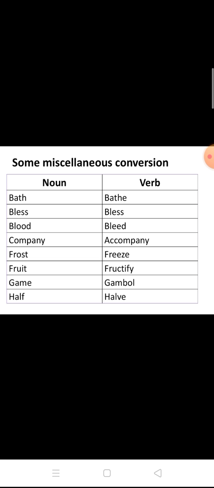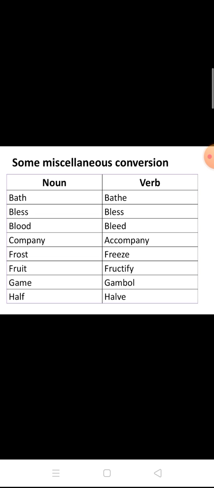One more example is of some miscellaneous conversion. That miscellaneous I have told you before also. Miscellaneous means where we cannot confirm that we have to add a suffix or a prefix. They don't follow a simple rule. Like bath becomes bathe by just adding e.